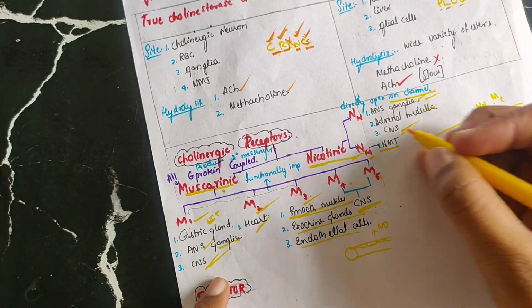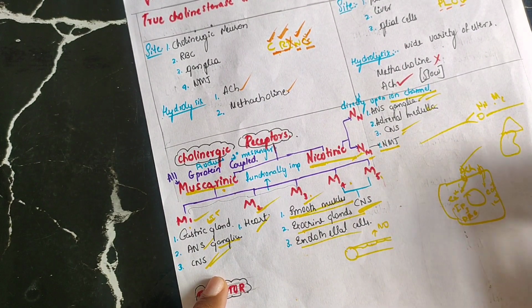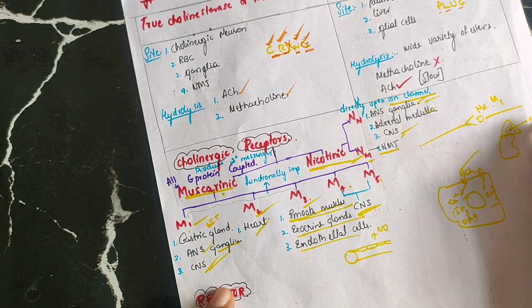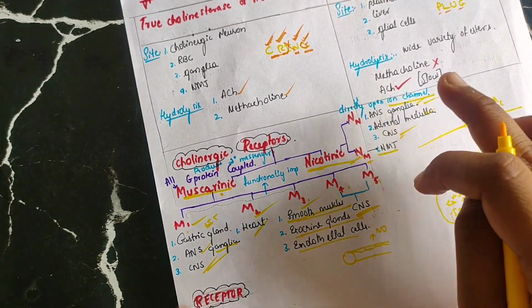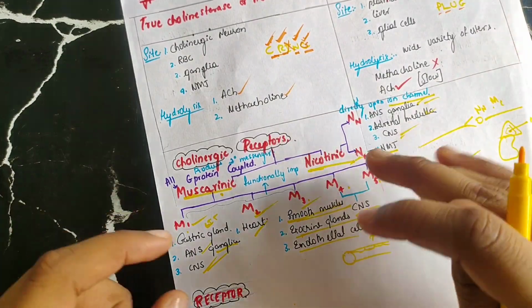And NN, this is a kidney. On the top of the kidney we have the adrenal gland. On the adrenal, this is the adrenal cortex and this is the adrenal medulla. In the adrenal medulla we have NN receptors. These are the 3 sites where you will find NN receptors. They directly open the ion channel for further action.